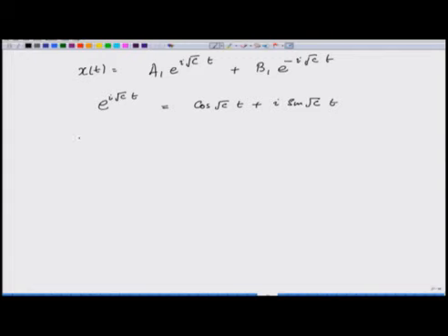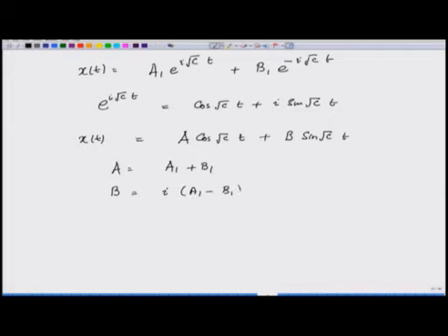Right. So, therefore, x t, if I combine the two, I can write as some constant a cosine of root c t plus some other constant b sine of root c t, where a you can make out is going to be a 1 plus b 1 and b is nothing but I times a 1 minus b 1.